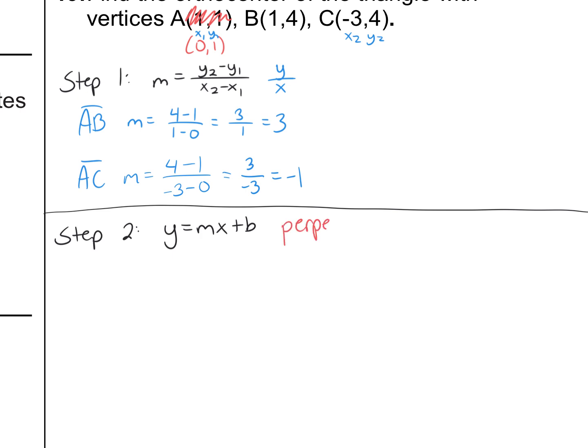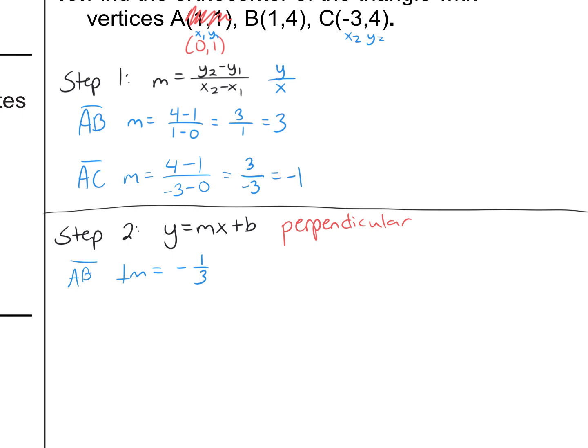We want perpendicular. Okay. So what does that mean? If I start with AB, what is my perpendicular slope if my original slope was 3? Right. What's happening again to get that? Flipping the fraction and switching the sign.